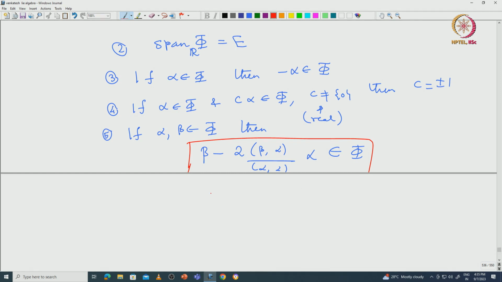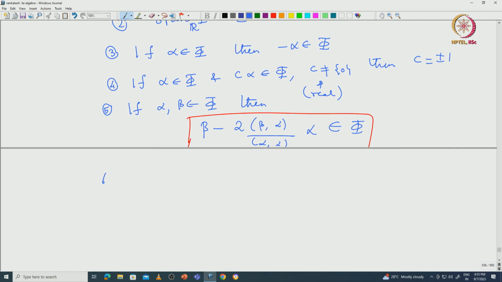Now, what is more? If we take again alpha, beta inside phi, then these numbers that we were looking at, beta of H alpha, which is 2 beta alpha divided by alpha alpha, have an integrality property. This is a very important property called integrality.